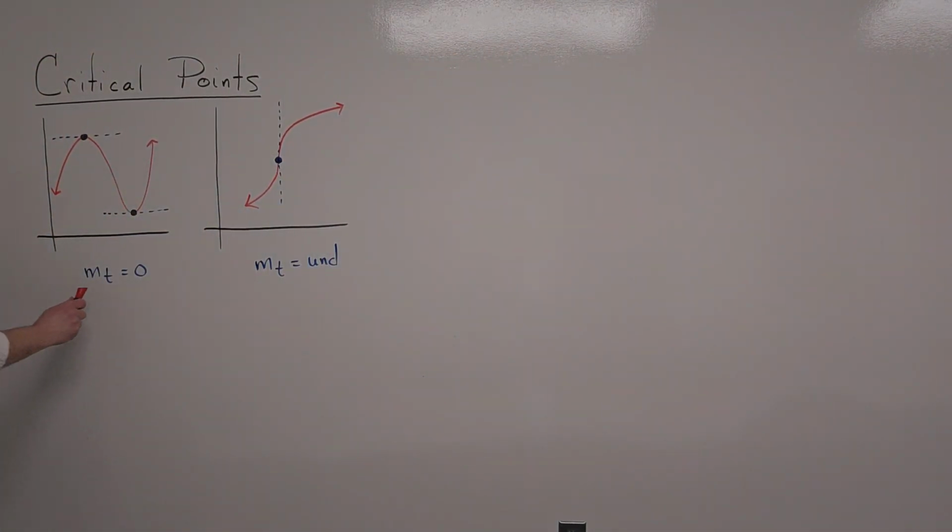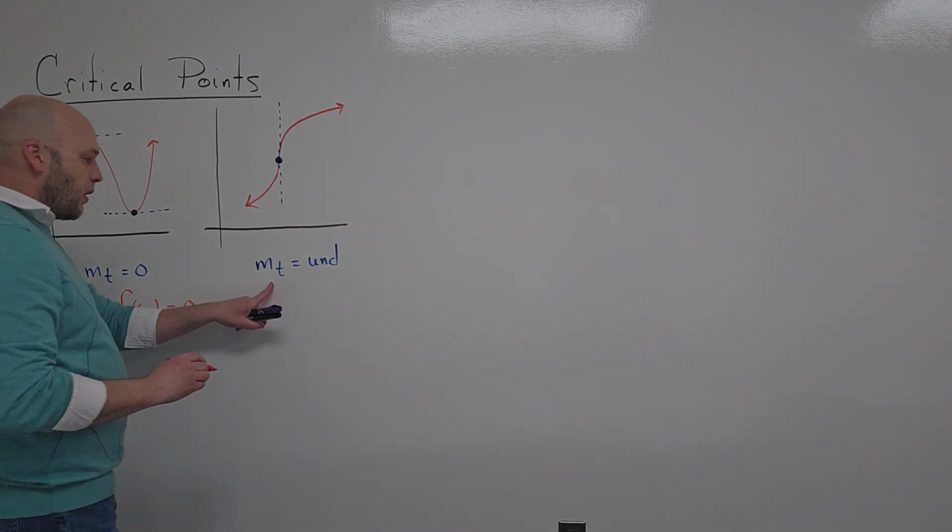So that means right here, in order to find where the slope is 0, we're going to solve the first derivative equal to 0. So that's how I find horizontal tangent lines. I solve this equation.